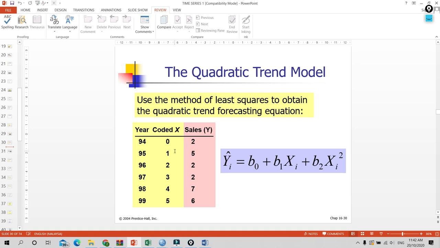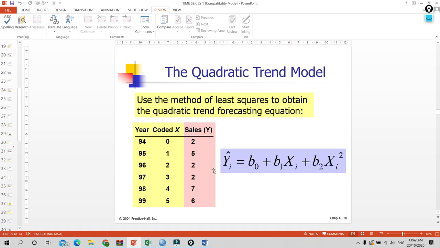The quadratic equation involves x and x squared. If you use the formula, it's quite tedious because it involves a lot of calculation. The simplest way to solve this is to use SPSS.